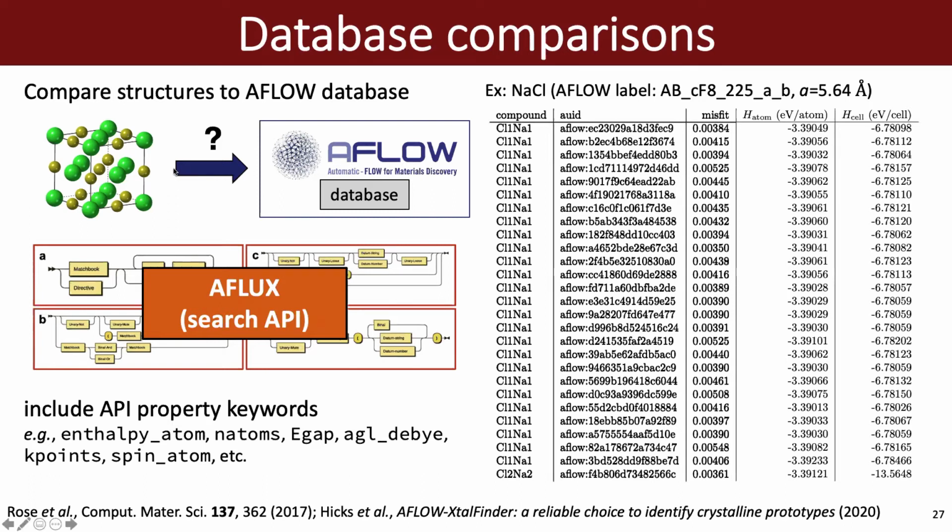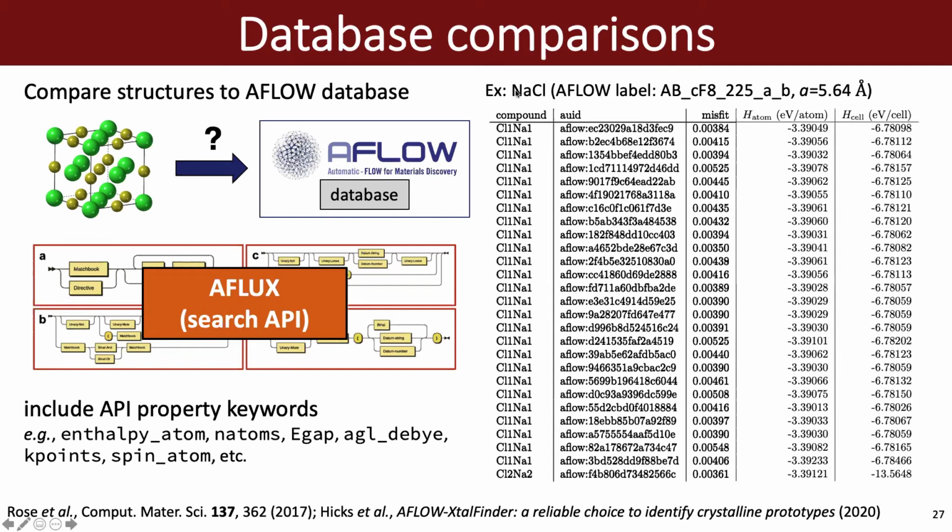And so with this functionality, AFLOW-XtalFinder will use this underlying functionality to grab the potential matches to the structure, and then it will perform the relevant analyses, the symmetry comparison, the geometry comparison, and the robust mapping, and it will return all of the matches in the database.